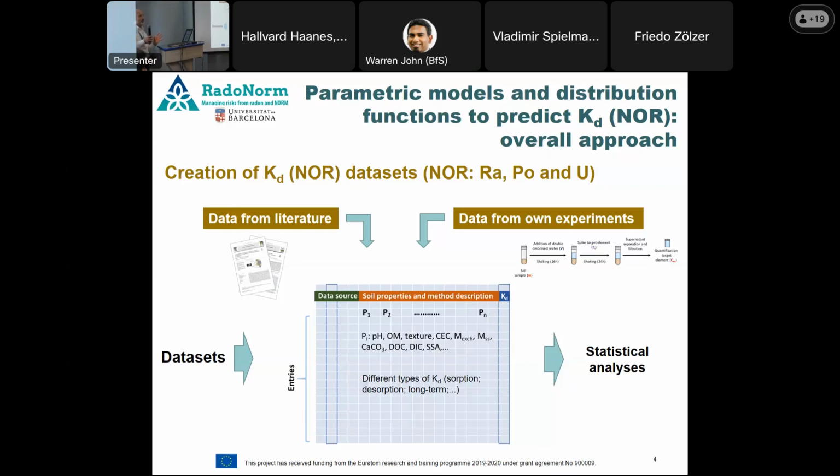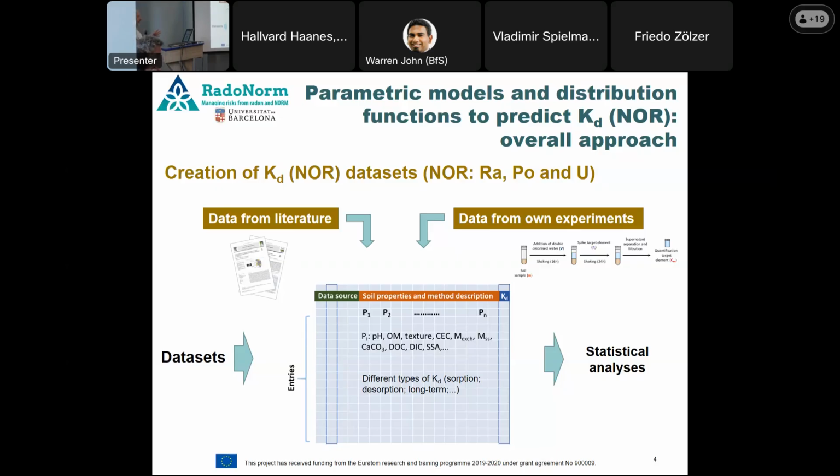We have also tagged every KD according to the methodology, either sorption KD or desorption KD, or even when the data came from native radionuclides, which is called long-term KD, in order to distinguish those populations.